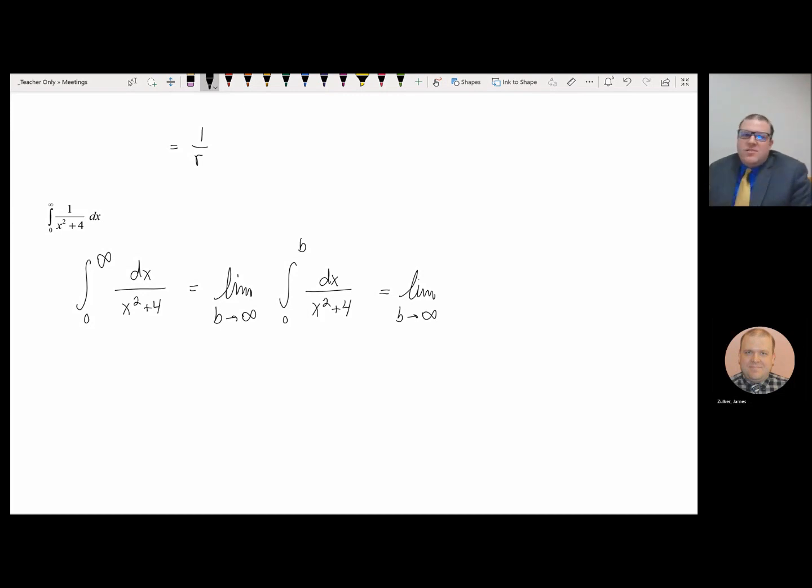Antiderivative of 1 over x squared plus 4. Natural log of the absolute value of x squared plus 4. How did you get that? Specifically 1 over x.